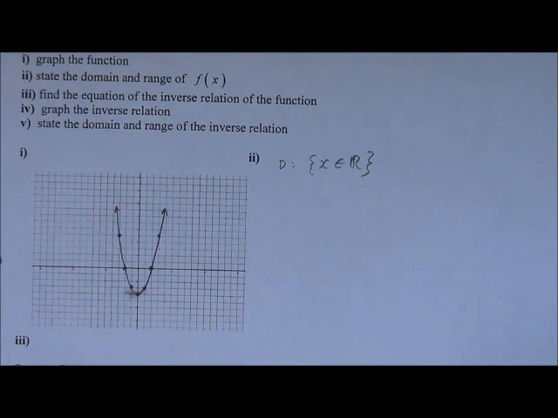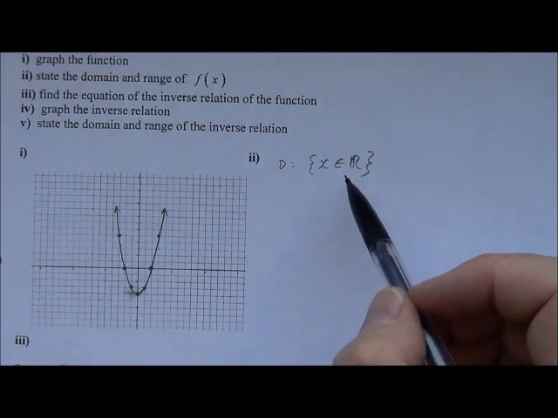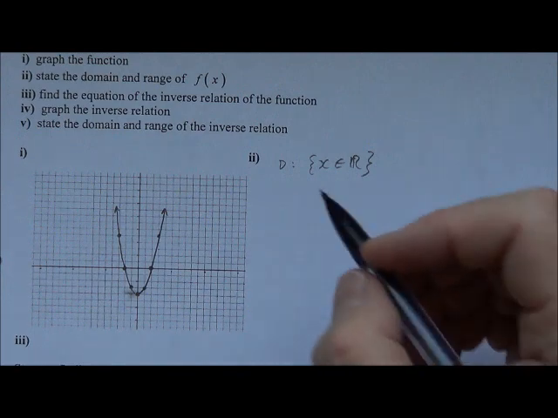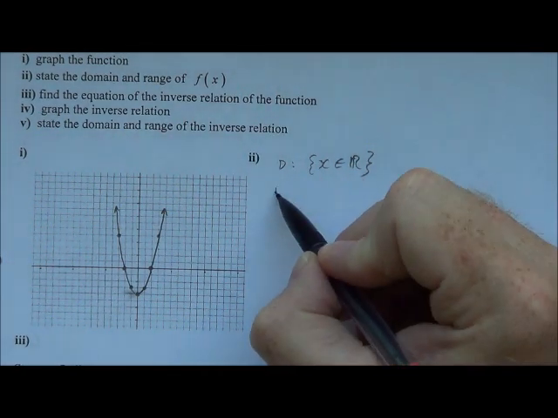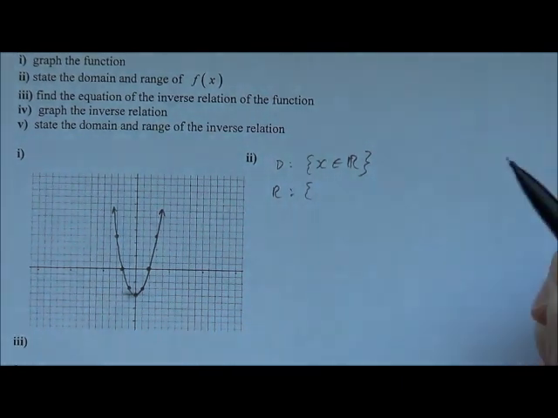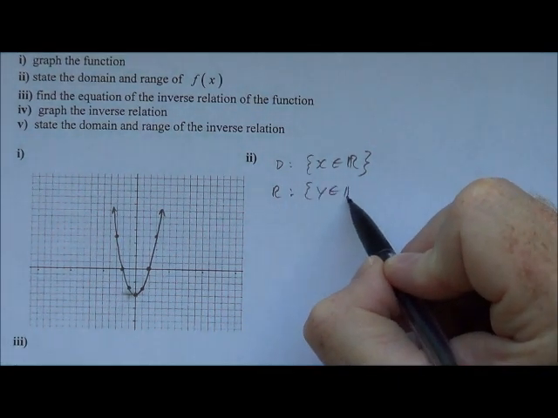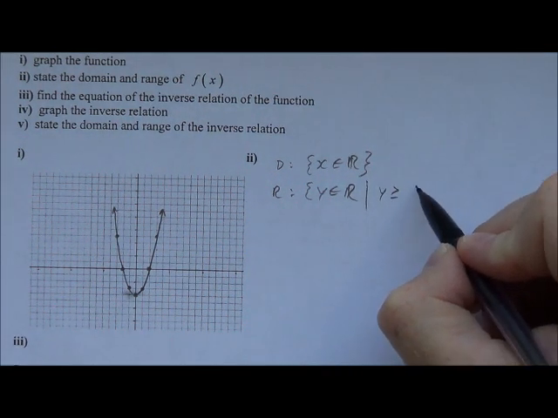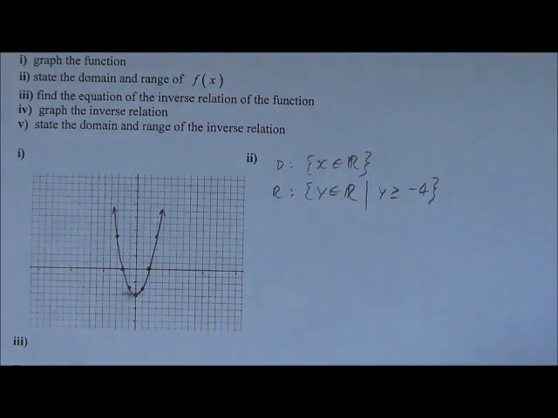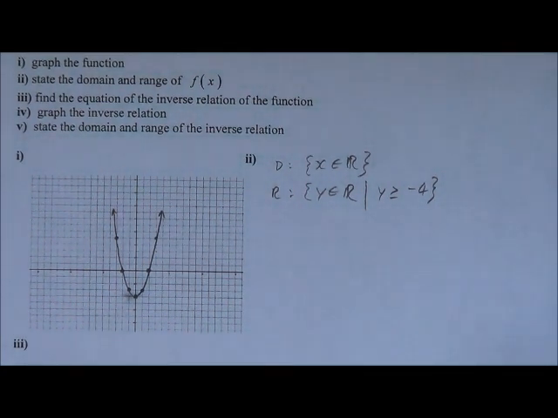Parabolas with no restriction have x values that are all elements of all real numbers for the domain, and for the range, okay.